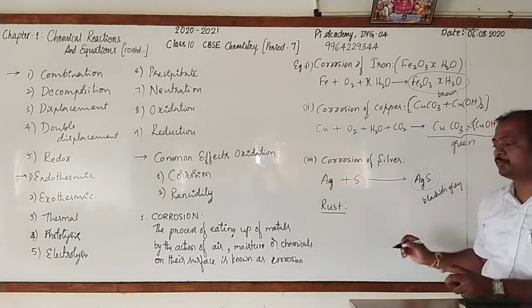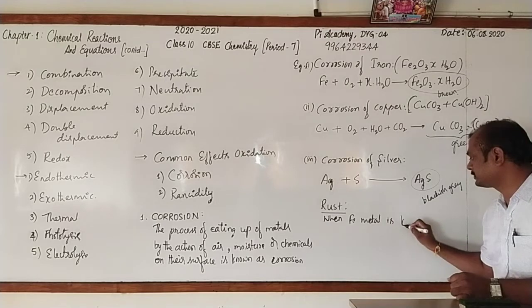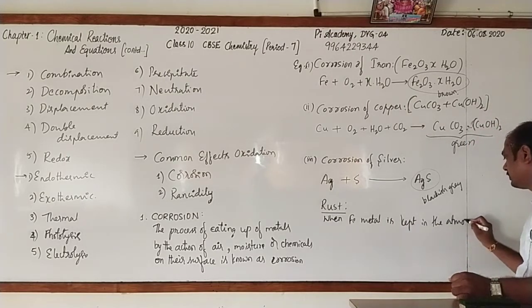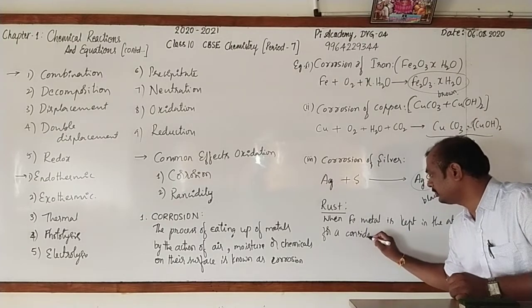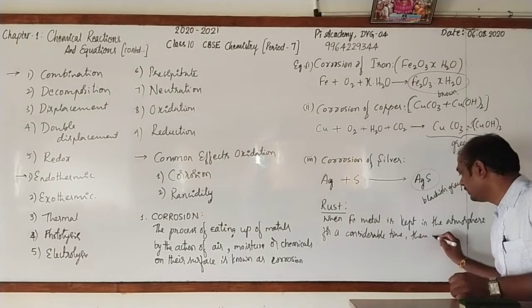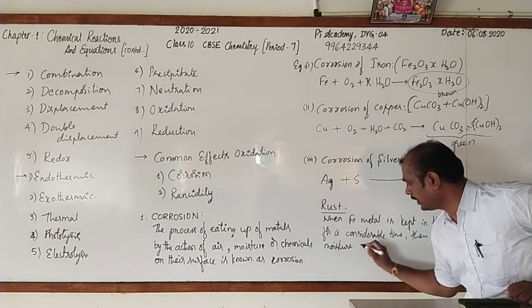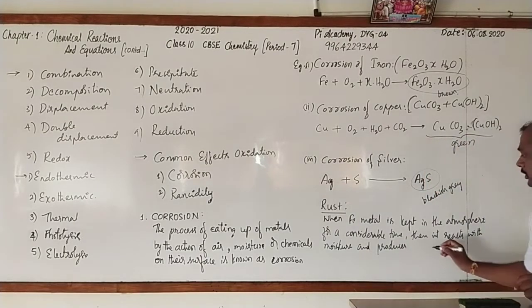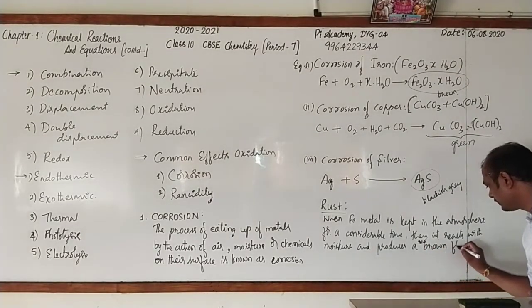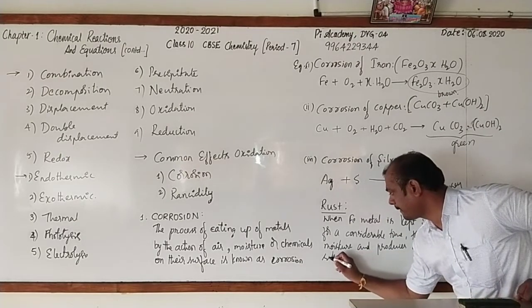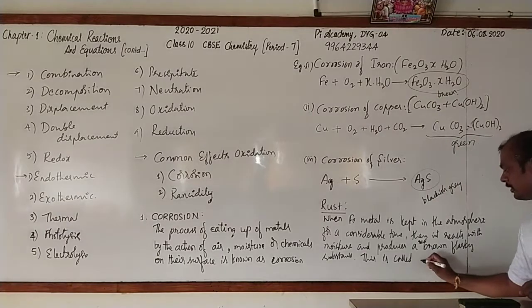Clear? I am going to write the definition. When iron metal is kept in the atmosphere for a considerable time, then it reacts with moisture and produces a red brown flaky substance, and this is known as or called rust.